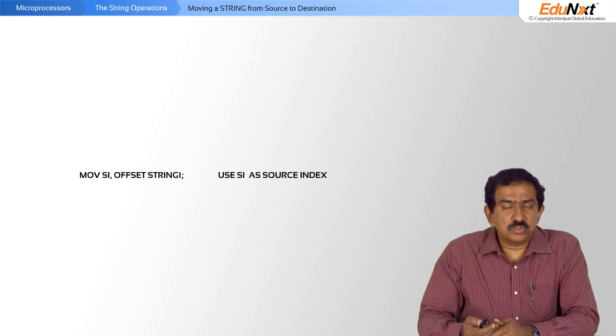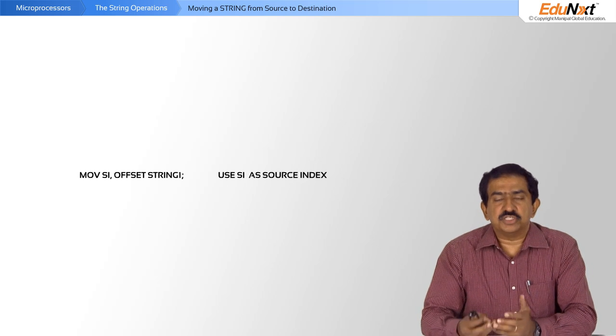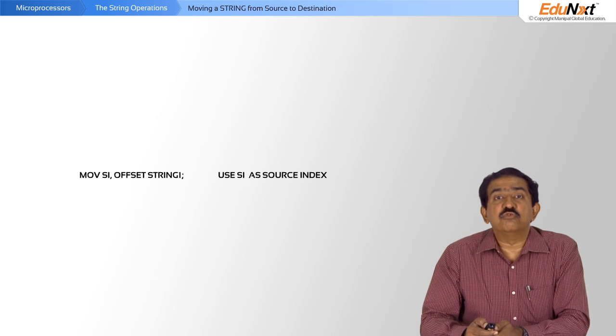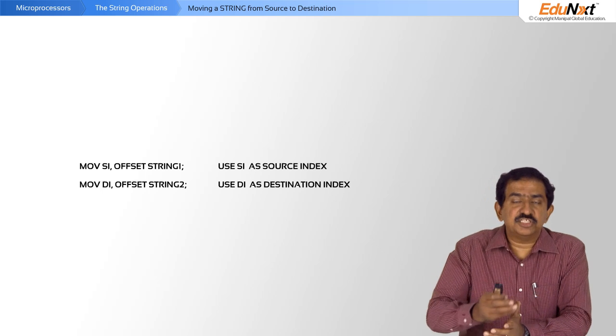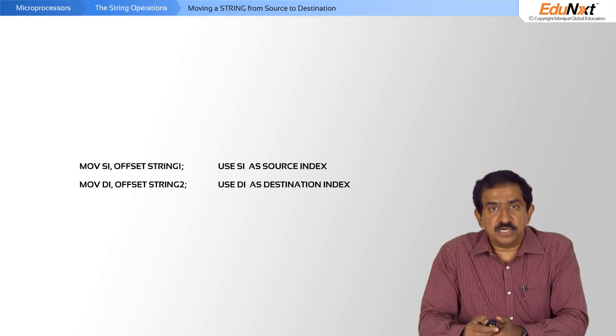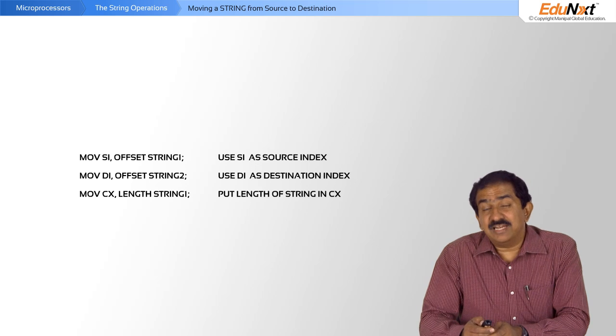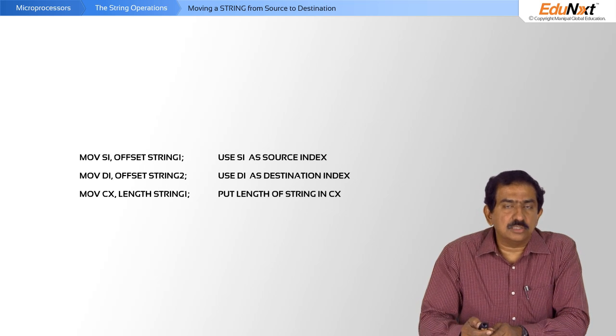First of all, you would have to move into the source index, the SI register, the source location from which the move must happen. Into the destination index, the DI, you would have to move the destination index values. I'm assuming that the DS and ES registers are already initialized. You would have to move the length of the string into CX, and then you actually start the move operation.